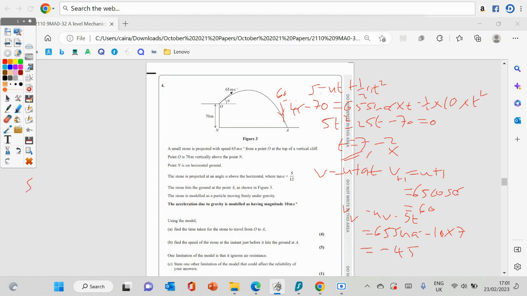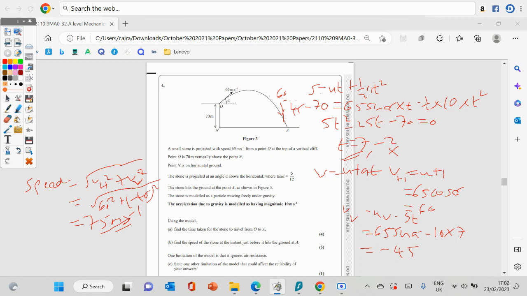So what I'm going to go and do is the speed is the root of vh squared, the horizontal component, plus the vertical component squared, which is the root of 60 squared add minus 45 squared, which I'm getting 75 meters per second. That's what you should get.